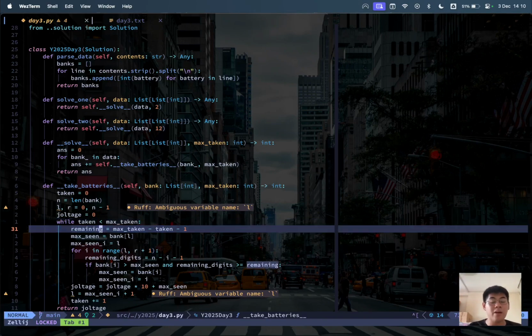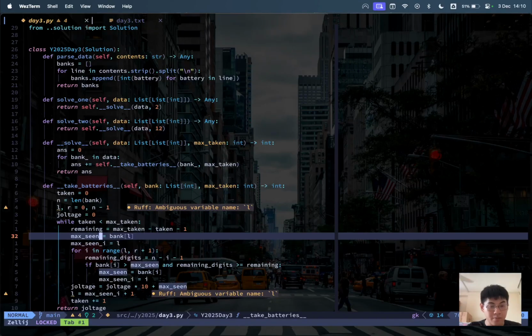We check that the remaining number of digits we have to take is the maximum number of digits we have to take minus whatever we have taken already, minus one additional one, because we're assuming we're going to take one as well. We keep track of the maximum that we have seen so far, which is the max of the bank on the leftmost digit and the digit itself, because we want to shrink the range eventually, so we need to know where the digit is.